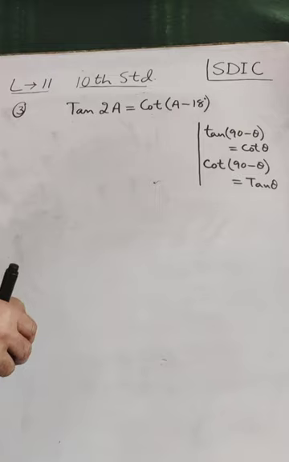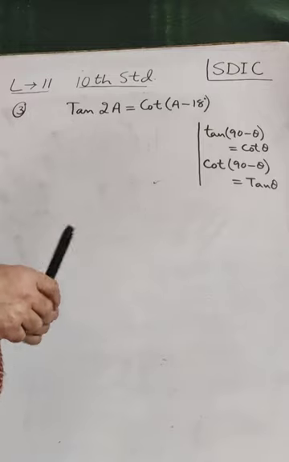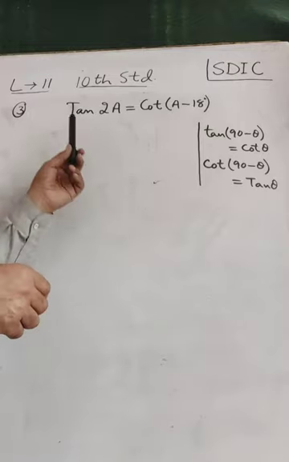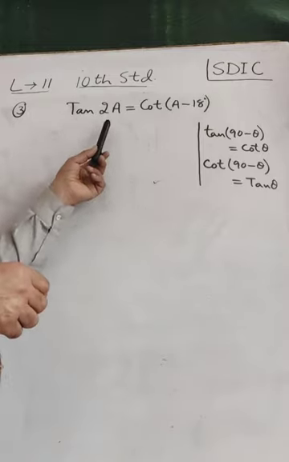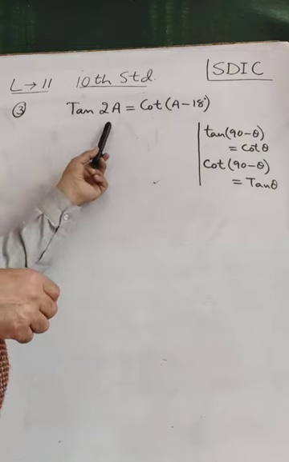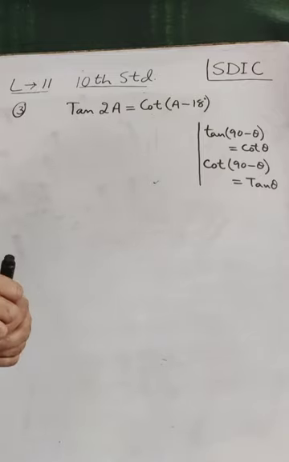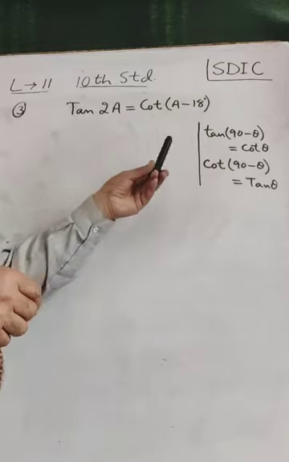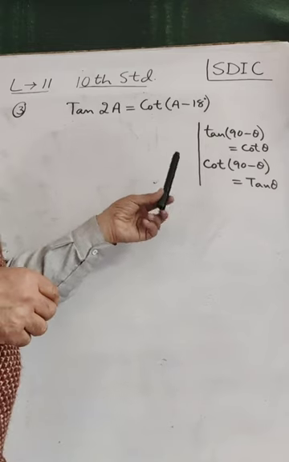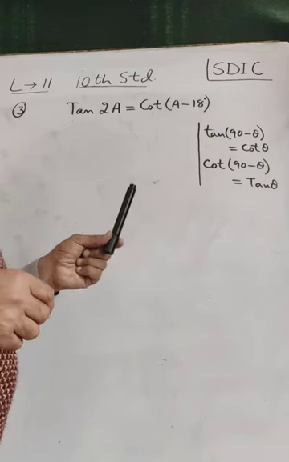Now I will choose. Which one will we choose? We will choose the one involving tan with a monomial angle, because here also tan has a monomial angle.